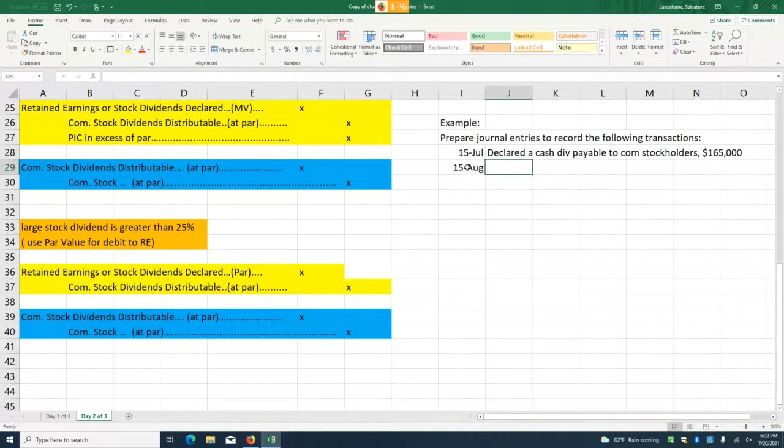It says date of record is August 15th for the cash dividend declared on July 15th. And then August 31st, paid the dividends declared on July 15th.